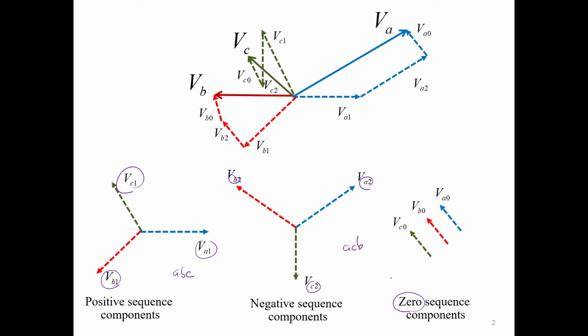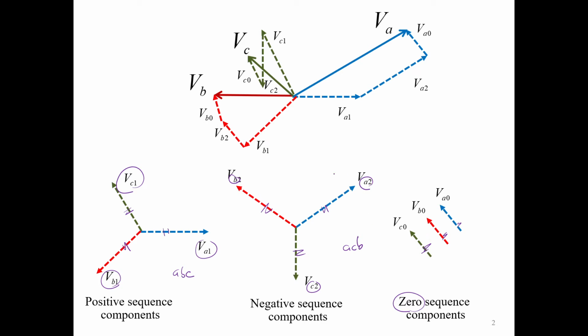Balanced means the length is the same, and the angle separation between these phases is the same. In this case, the magnitude of the angle separation is 120, and the angle separation here is 0 because it's parallel.